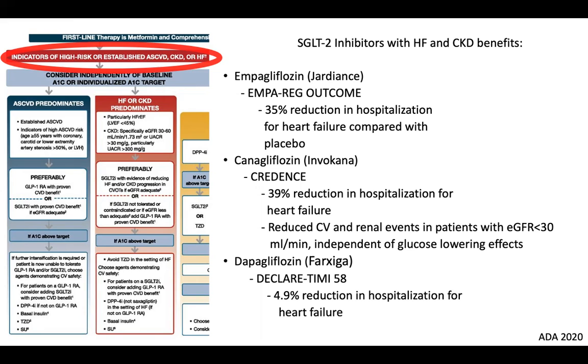Dehydration and urinary tract infections are the most common side effects seen in patients starting SGLT2 inhibitors, as this is mainly seen in patients with blood sugars more than 200. A recent trial, CREDENCE, has also shown proven chronic kidney disease benefits with SGLT2 inhibitors in patients with an eGFR of less than 30, which is independent of the glucose lowering effects.